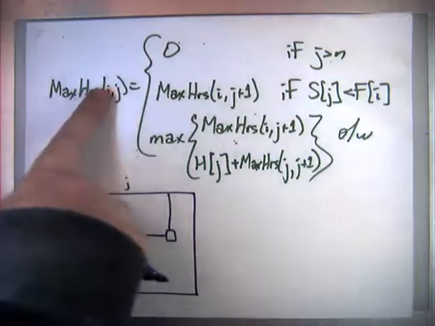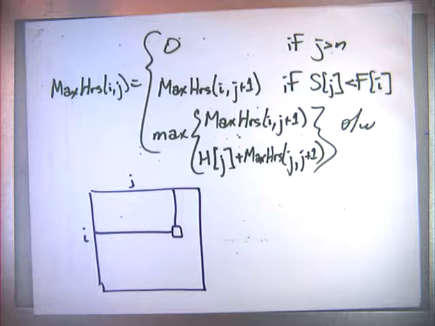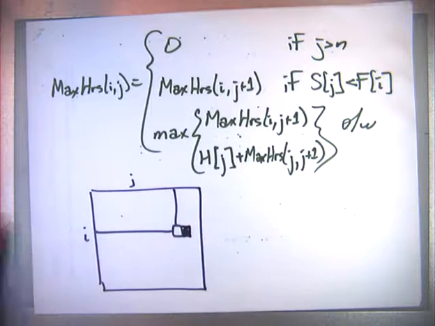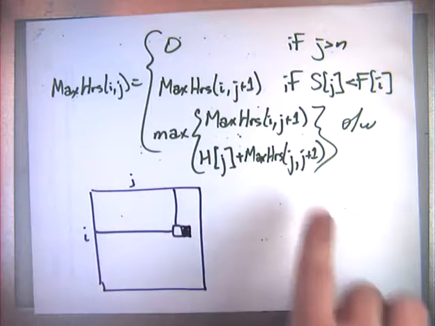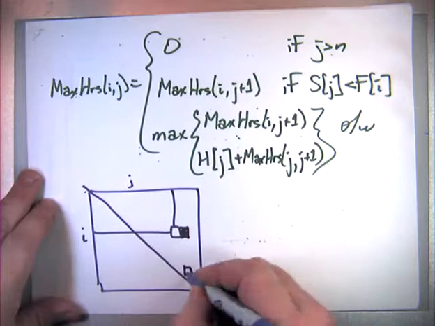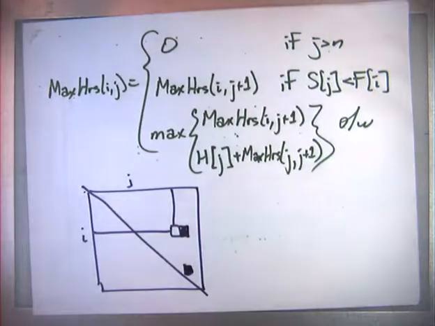If I want to evaluate this, what other things do I have to evaluate? Right, i, j plus 1, so same row, one later column, and j, j plus 1, which is just above the main diagonal. So before I fill in the white box, I have to have already filled in the black boxes.